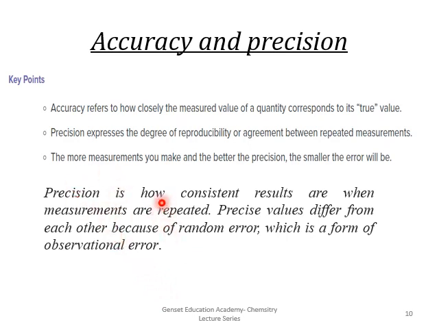I'll explain this on the next slide. The more measurements you make, the better the precision, the smaller the error will be. So precision is how consistent results are when measurements are repeated. Precise values differ from each other because of random error, which is a form of observational error.